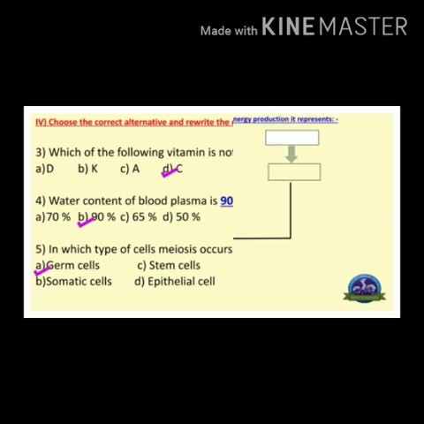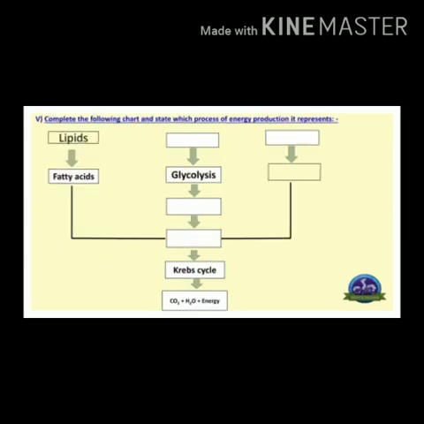Now let's see question number 5. Complete the following table and state which process of energy production is represented. This question has come in March 2019 of board exam. We have studied glycolysis takes place in presence of carbohydrates. So write carbohydrates in first empty box.